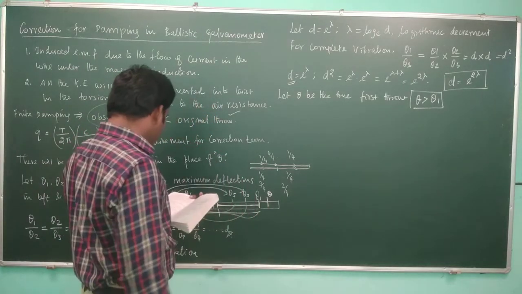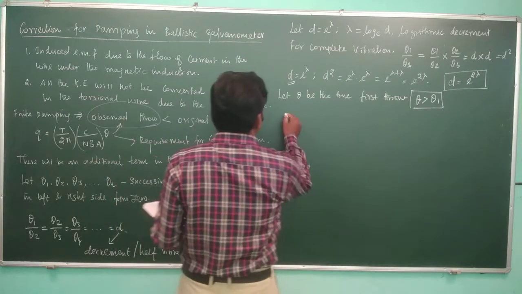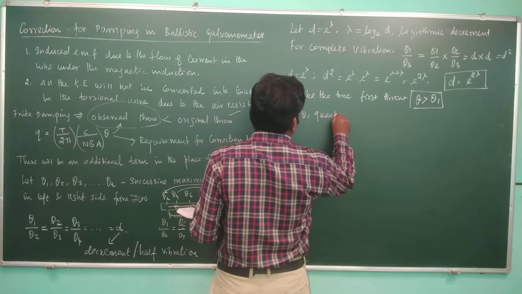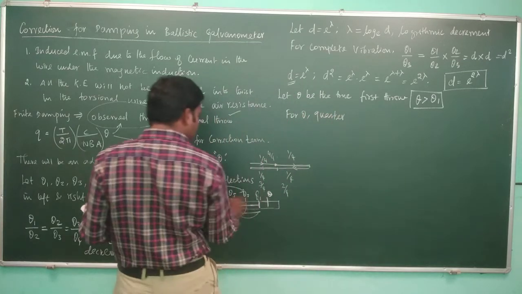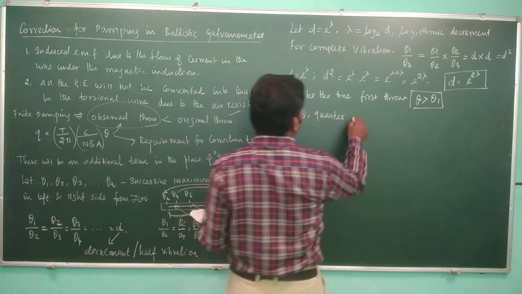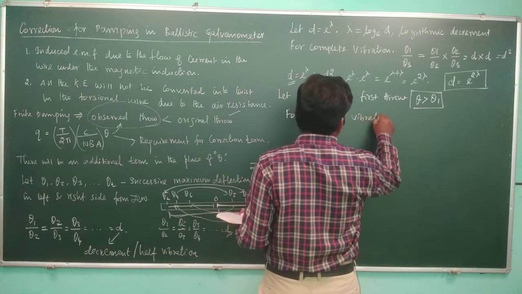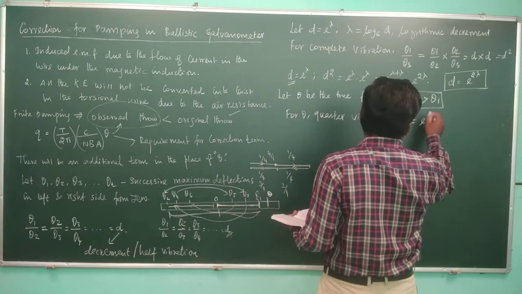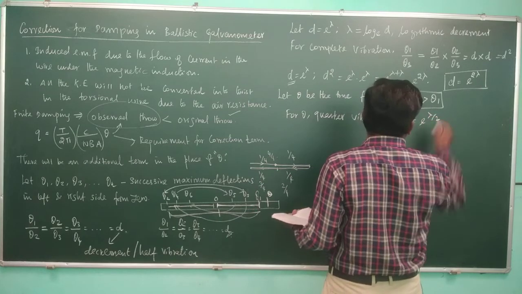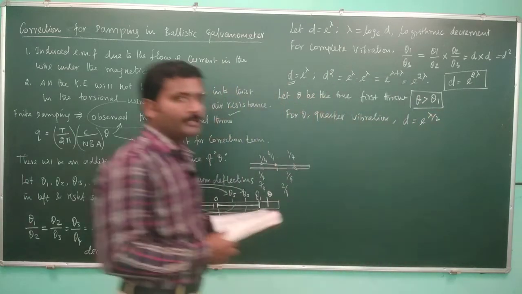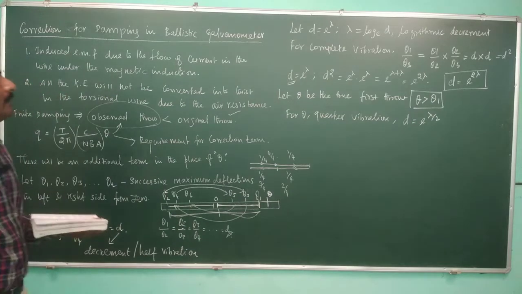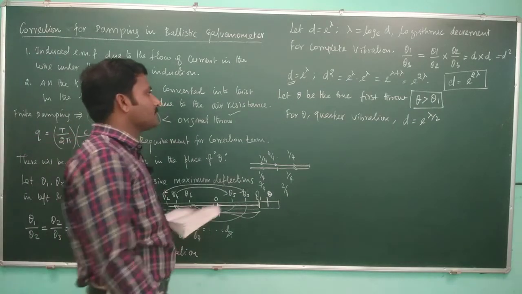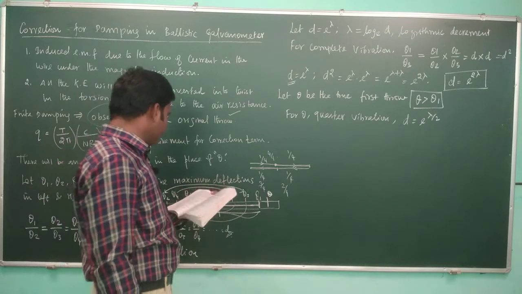For this quarter vibration, moving from 0 to theta 1, you can write D equal to e power lambda by 2, that is half of the half vibration value. For half vibration D is e power lambda, so for quarter vibration D becomes e power lambda by 2.